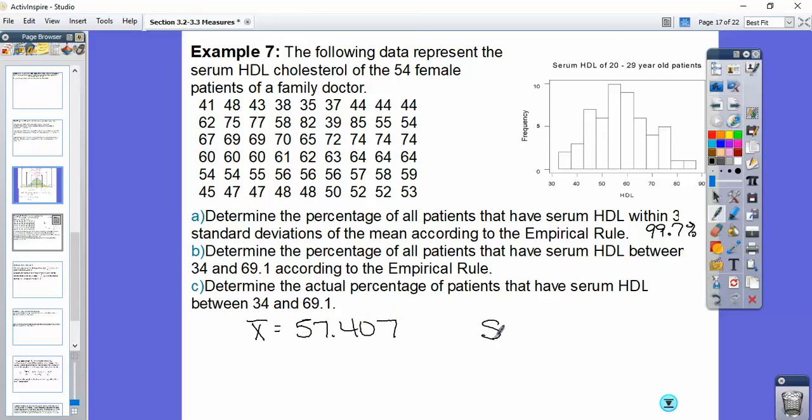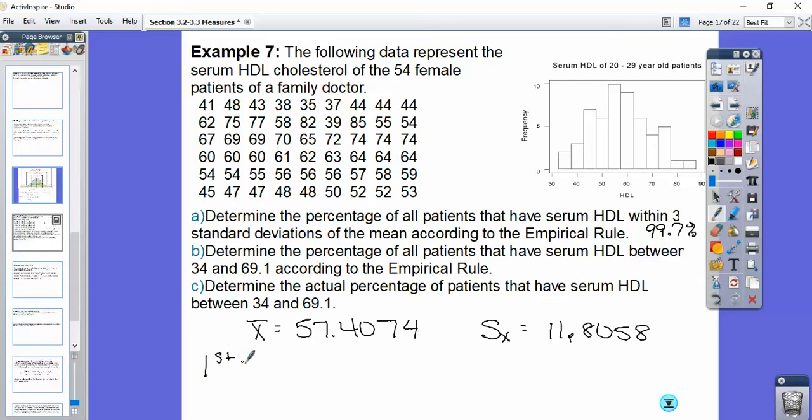For standard deviation, there's an S and there's a sigma. The 54, is that every single patient? No, so that's a sample, so we need to make sure we're using our S. That would be 11.8058. I'll go to 4 decimal places on this.